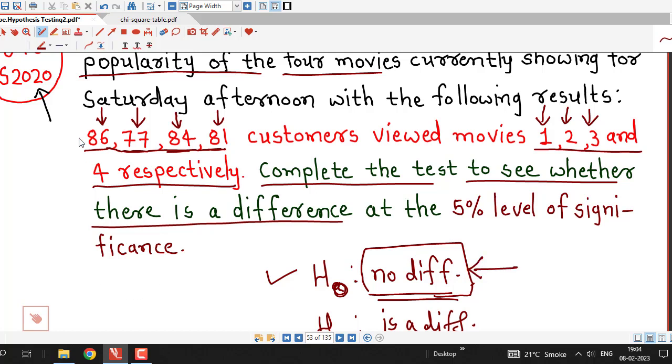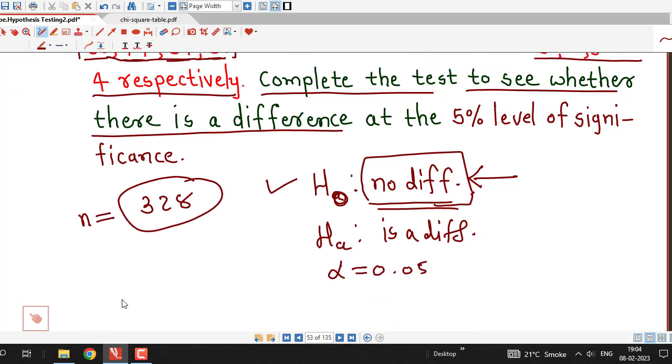For that we first find the total number of customers in this sample, and if you add these 4 numbers, it becomes 328. So the number of customers in the sample is 328, and we want to test the null hypothesis that there is no difference in the popularity of the 4 movies.